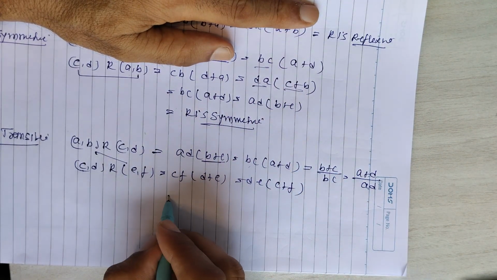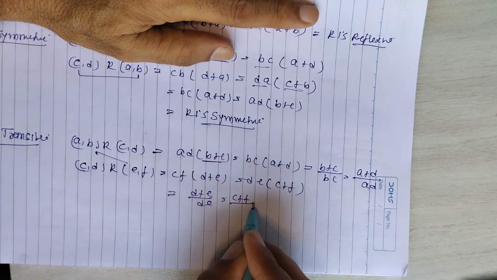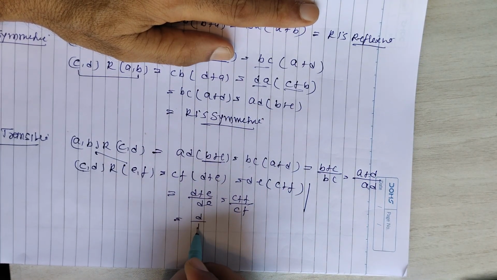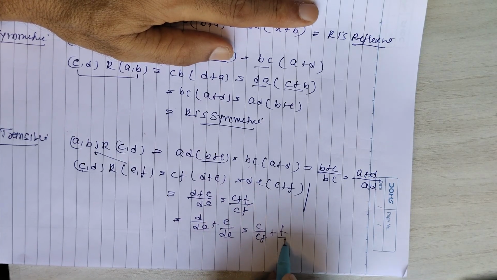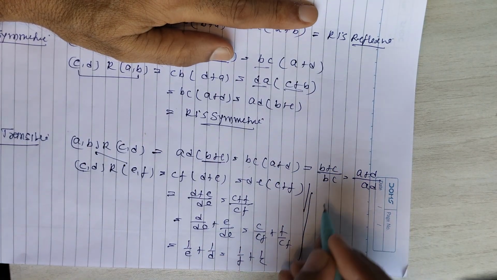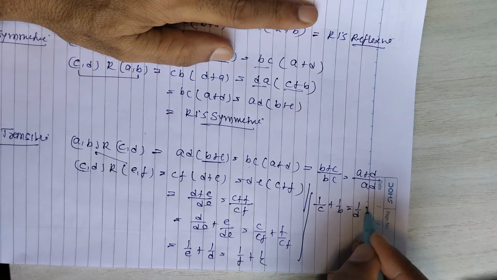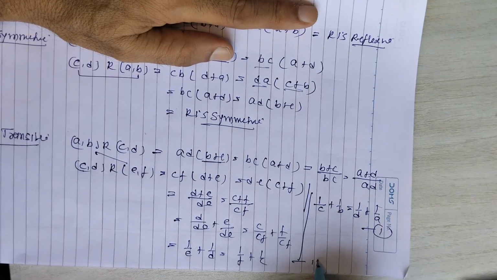Here also, D plus E over DE, C plus F over CF. Let us solve this. Separate it: D over DE, E over DE, C over CF, F over CF. So we finally have 1 over E plus 1 over D, and 1 over F plus 1 over C. Similarly B over B plus C, that is 1 by C, C over B plus C, 1 by B, A over A plus D, 1 by D, and D over A by D, 1 by A. So this is first, this is second.